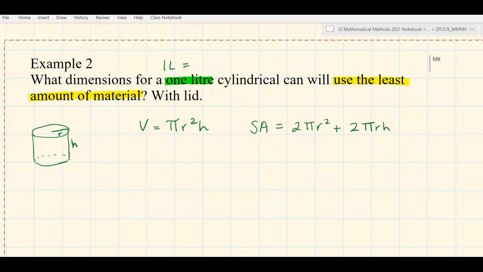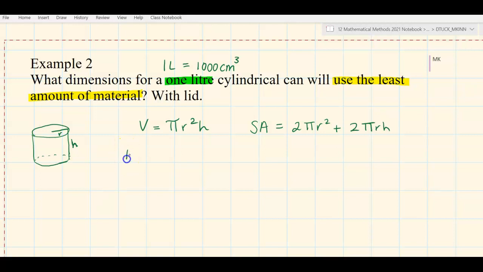This is again where your grade 8 knowledge has got to kick in a bit. What can you tell me about liters? 1,000 cubic centimeters. All right. This content is not explicitly in your Unit 4 syllabus, but it is certainly fair game for your assessment.